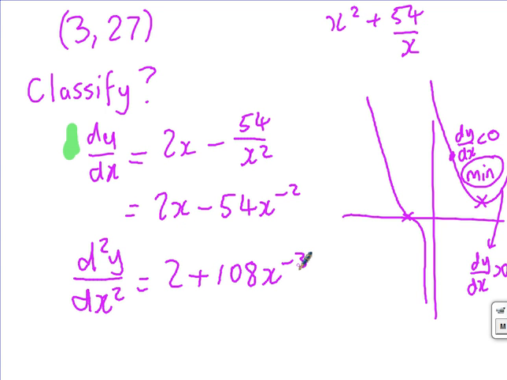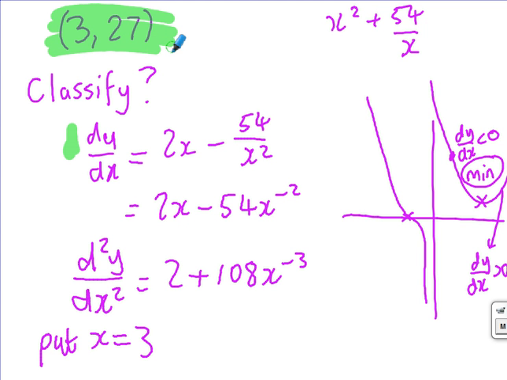We should end up with that. Now we have to put in x equals 3, because that's the coordinate. Looking up there at the top, they are the coordinates of our turning point.